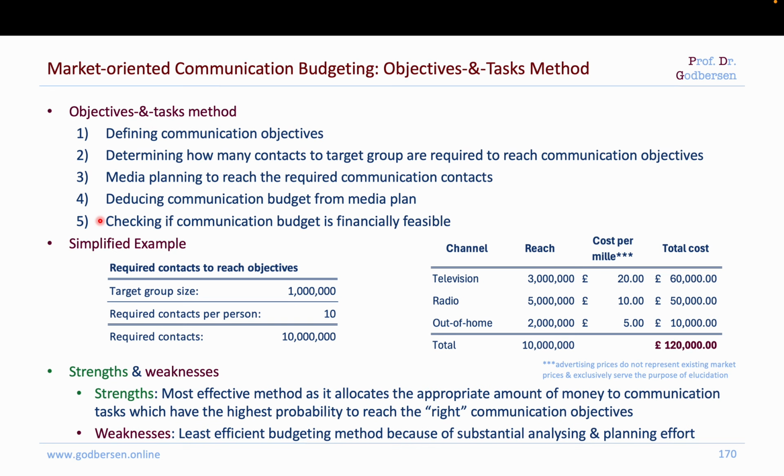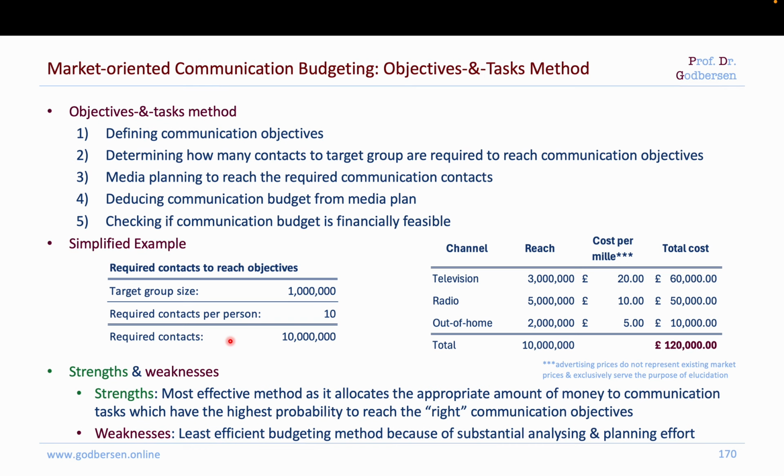Let me give you an example. Let's assume we have a target group of 1 million. We know, or we assume, that we need 10 contacts per person so that there is an effect. In total, we need 10 million contacts.